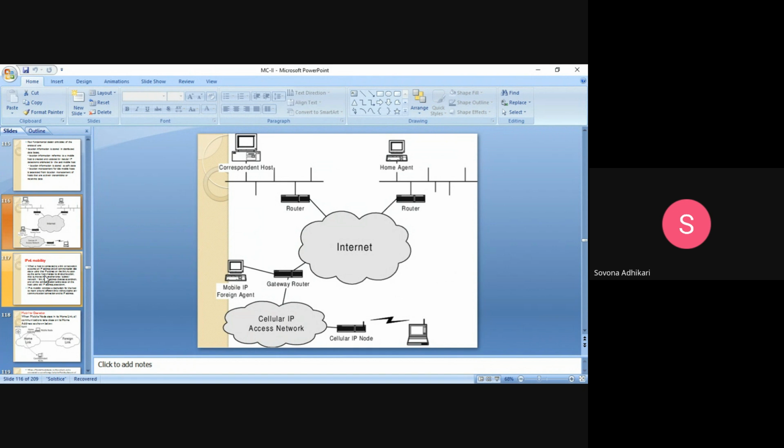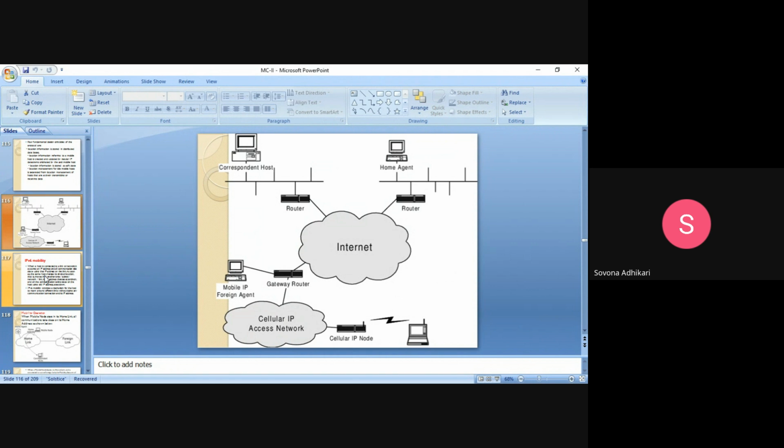And you see there is a mobile IP foreign agent. There is a networking device, a gateway or router, used to connect to the internet. And you see the cellular IP node. So if the cellular IP node is in the home agent, there is no problem. The home agent will deliver the data to the cellular IP node.